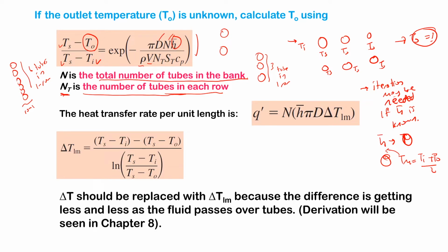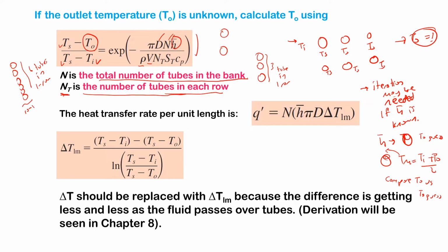And then you do a calculation here and find your T out and compare T out found from this equation versus the T out that you guessed, okay? So remember, this requires an iteration sometimes if h bar is not given. And if you do know h bar, it is going to be just utilization of this equation.